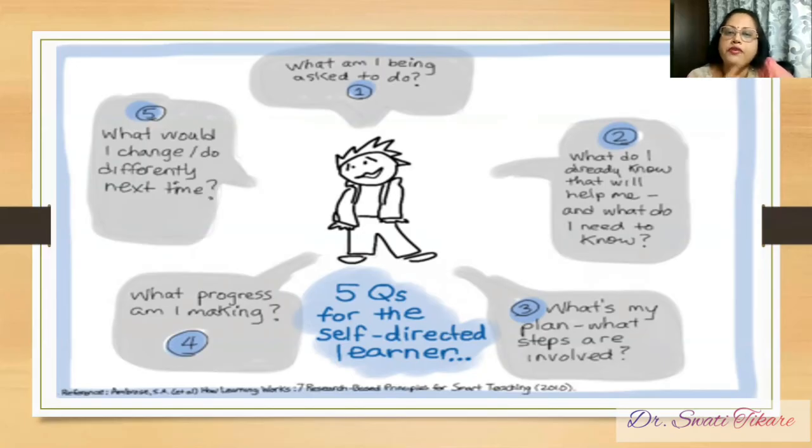Probably if you began with my trauma history being limited to only 4 or 5 questions, now I know there are at least 15 to 20 questions which I need to ask. These are the things I'm going to do differently next time. Then you have worked upon yourself and your self-directed learning has been a success.